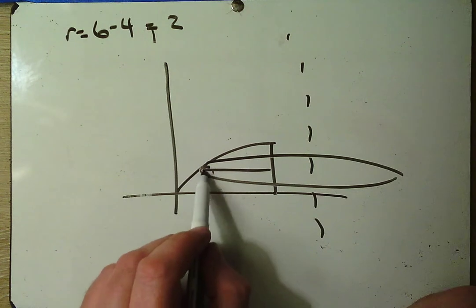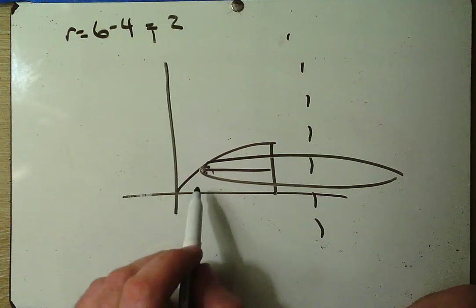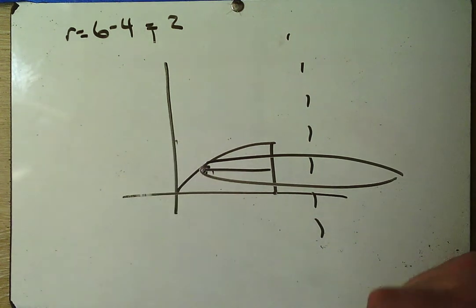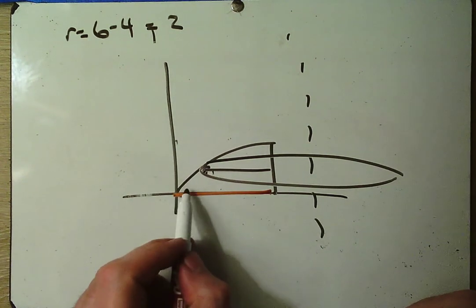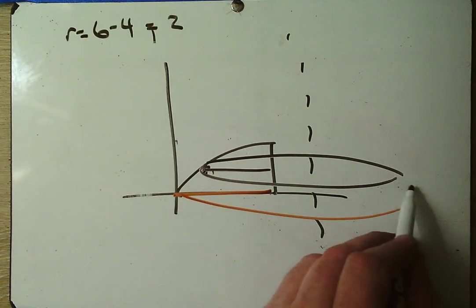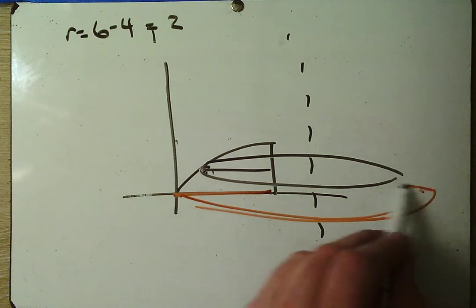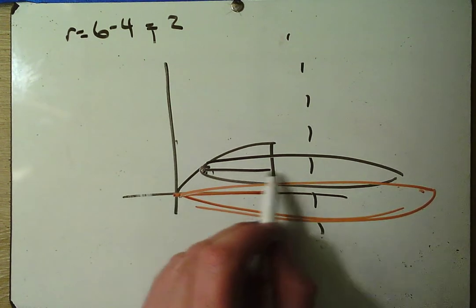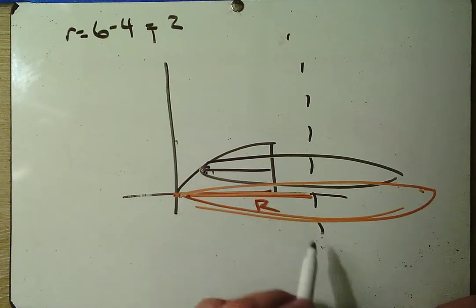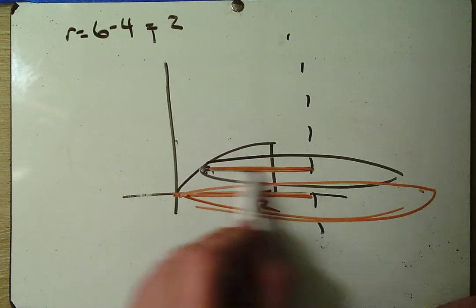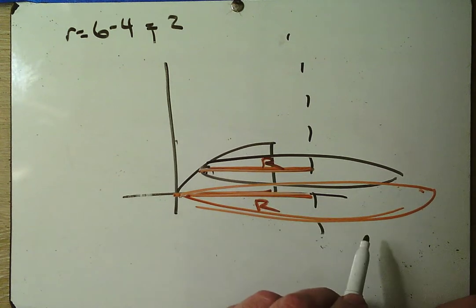Does this quantity change as I go up? Well, if I were down here, I'd have a much bigger circle than I do up here. This is my big radius. This is my big radius.